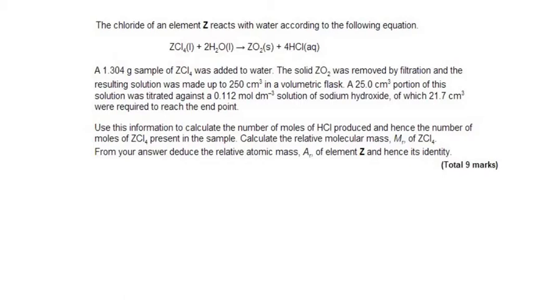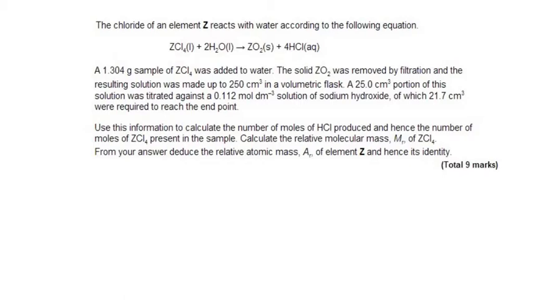If we then look further into the question, it asks us to use the information to calculate the number of moles of HCl produced and hence the number of moles of ZCl4 present in the sample. Calculate the relative molecular mass, the Mr, of ZCl4 and from your answer deduce the relative atomic mass, Ar, of element Z and hence its identity.